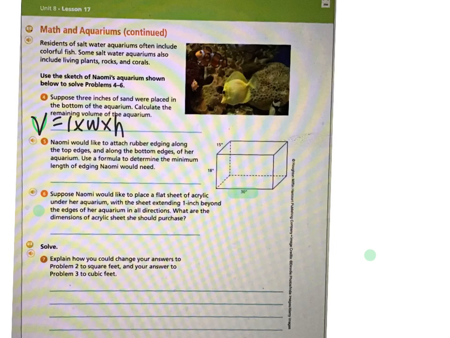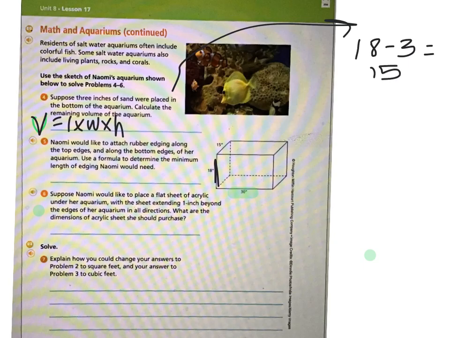So if we already have 3 inches of sand on the bottom already, remember 18 is our height, right? Well, we have to change, so look over here. We have 18 minus 3 because the sand is 3 inches. That equals 15.